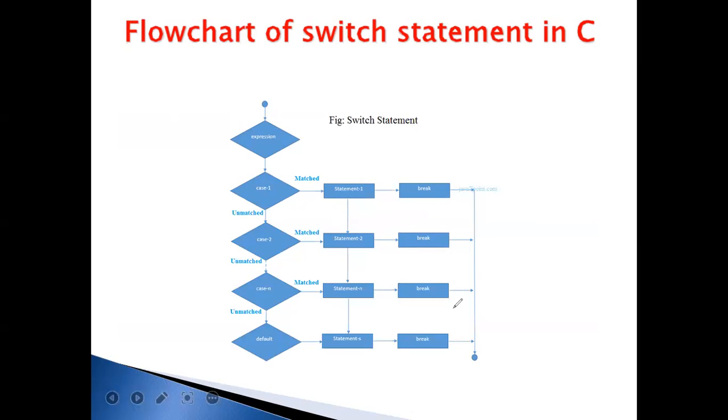If case 1 matches, whatever the body of the instruction statements below the case, it will execute, and it will move to the break, and break to the exit. It comes out of the loop.